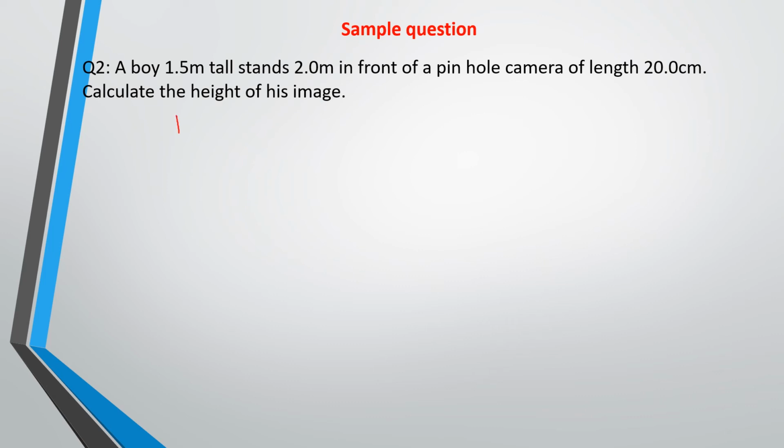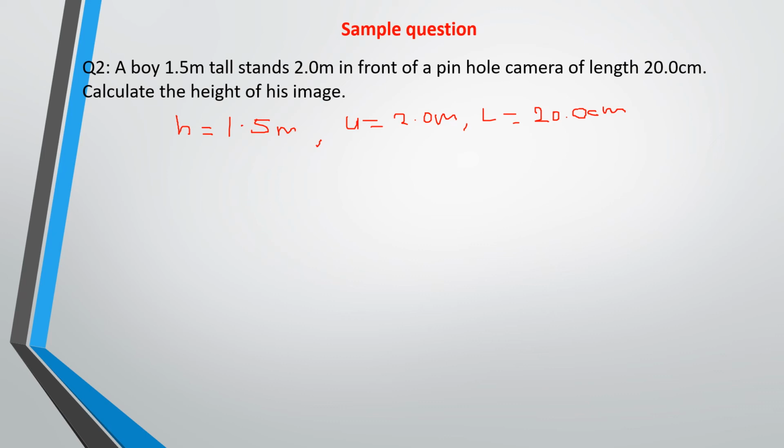So here you are given that the height of the boy, which is the object height, is 1.5 meters. The distance that the boy stands, which is the object distance, is 2.0 meters. The length of the pinhole camera is given as 20.0 centimeters.